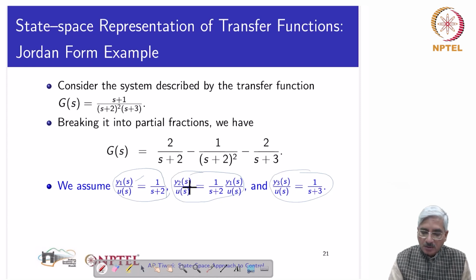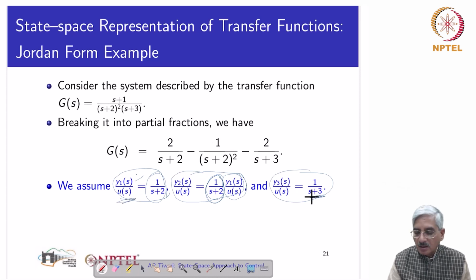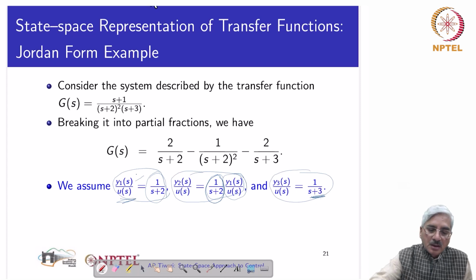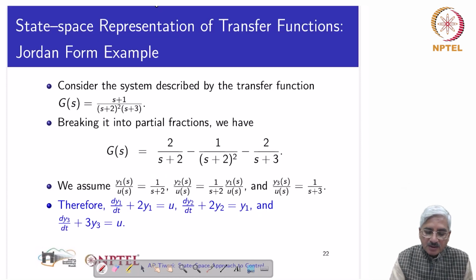Y2 by U will be 1 by s plus 2 into Y1 by U. Because it was 1 by s plus 2 square, one factor we have kept as it is, 1 by s plus 2, and the other one we have substituted by this. And of course the third one is separate, distinct, 1 by s plus 3.